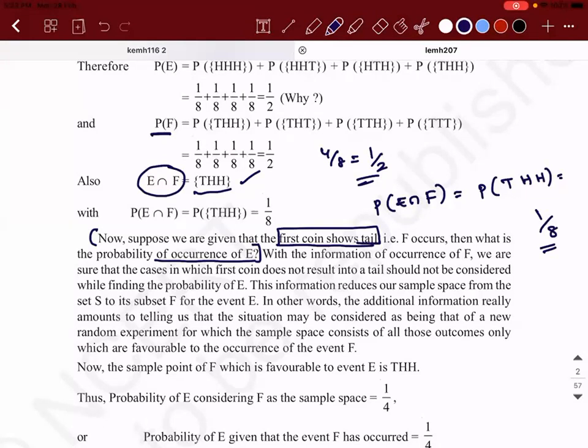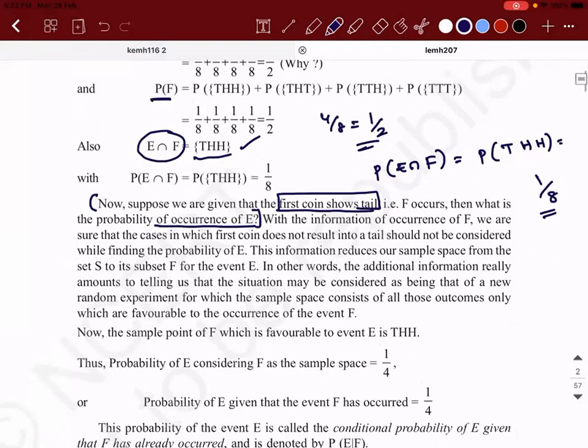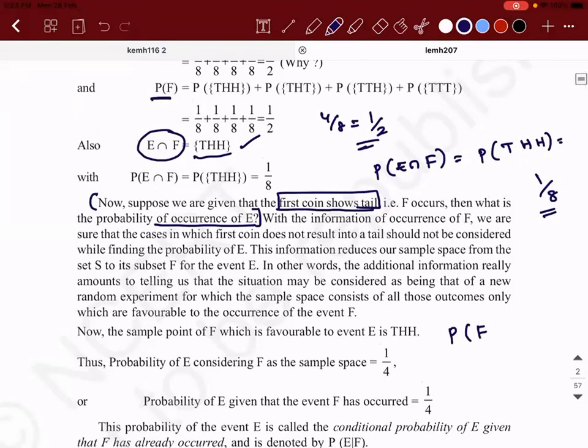I want the meaning of the statement. Find the probability of F to occur, knowing that E has occurred. Is that what you're going to write? Given that E has occurred, then what will you write?